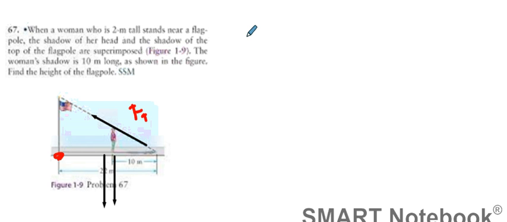The first condition of statics is the sum of all forces equals 0. The second condition of static equilibrium is the sum of all torques equals 0. So I'm going to find the gravity torque here.